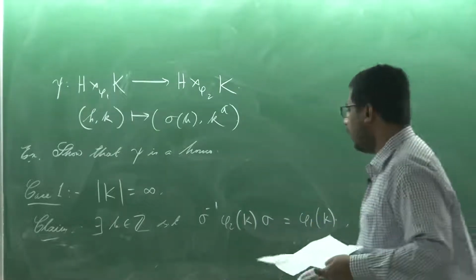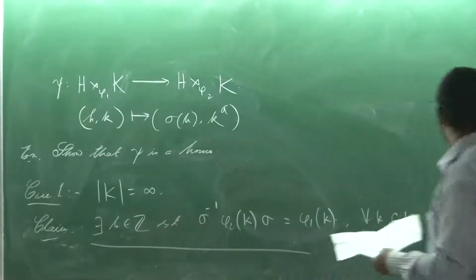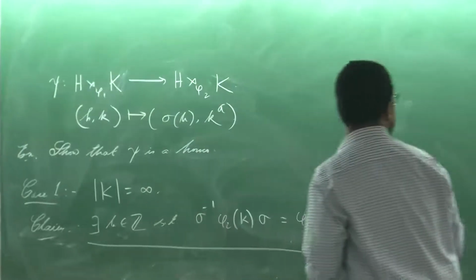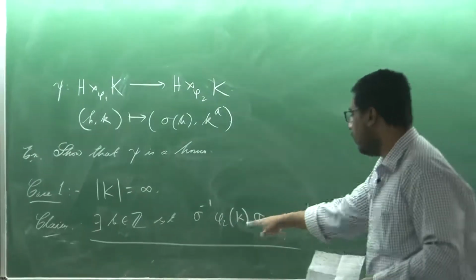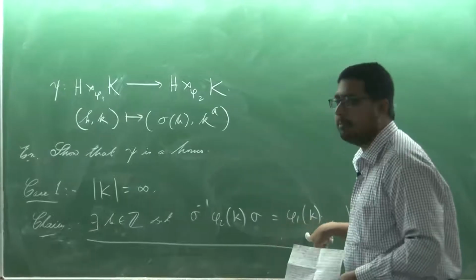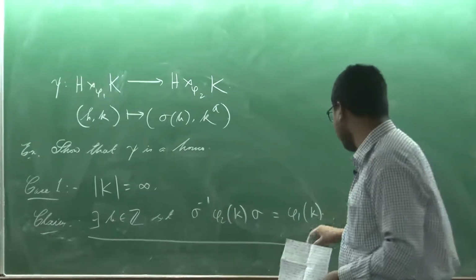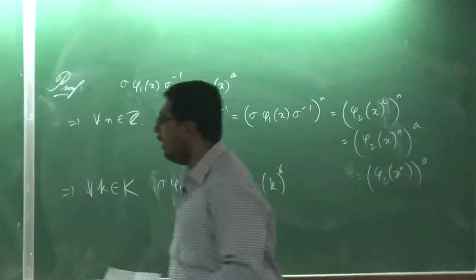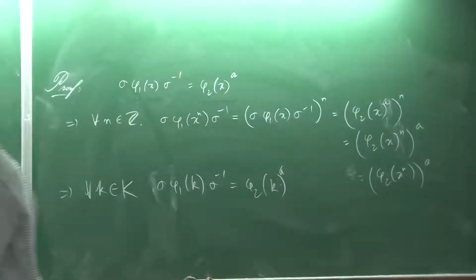So the argument is exactly similar to what we have done here, because we start with phi 2 x. So sigma inverse phi 2 x sigma will be a generator of phi 1 k, hence it will be some power of phi 1 x, call that power to be b, and then exactly this similar kind of argument.